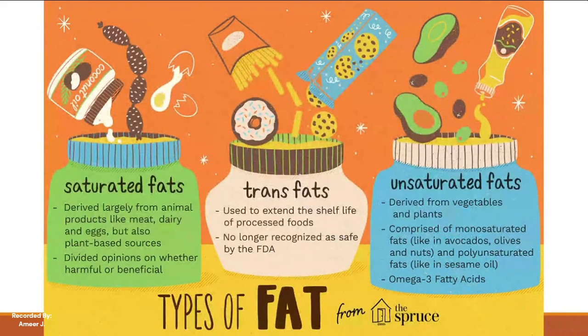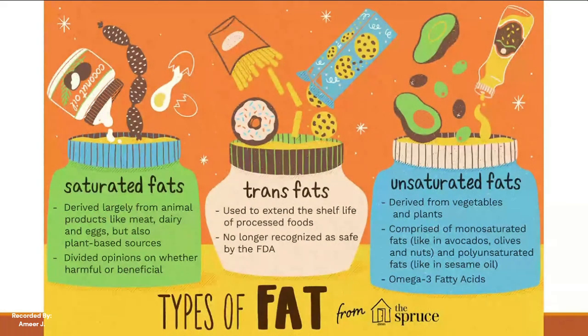So if we want a summary of saturated fatty acids, trans fatty acids, and unsaturated fats, we can point out these points. Saturated fats are derived largely from animal products like meat, dairy, and eggs, but also plant-based sources, and there are divided opinions on whether they are harmful or beneficial.